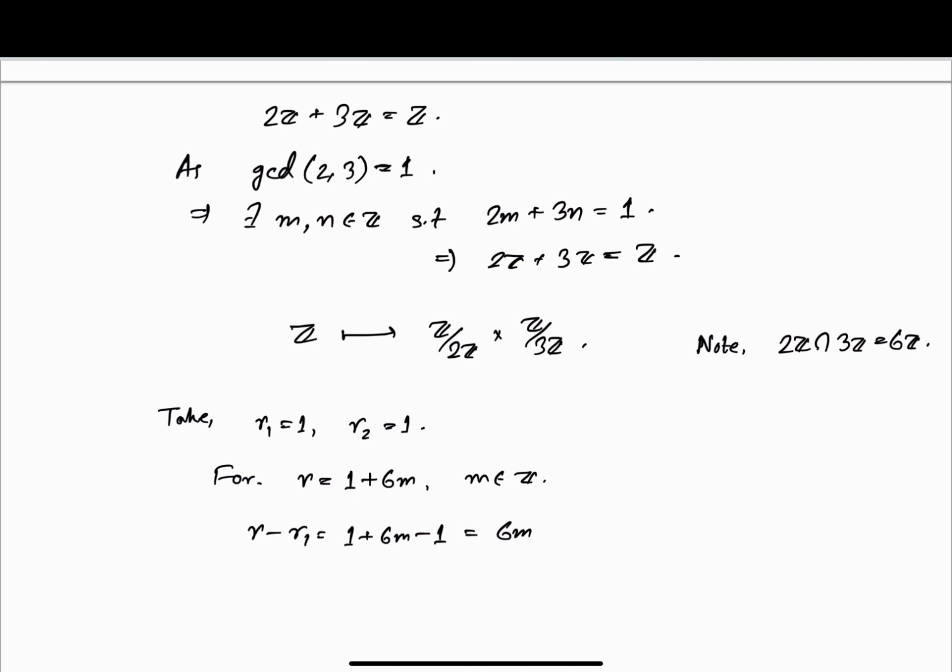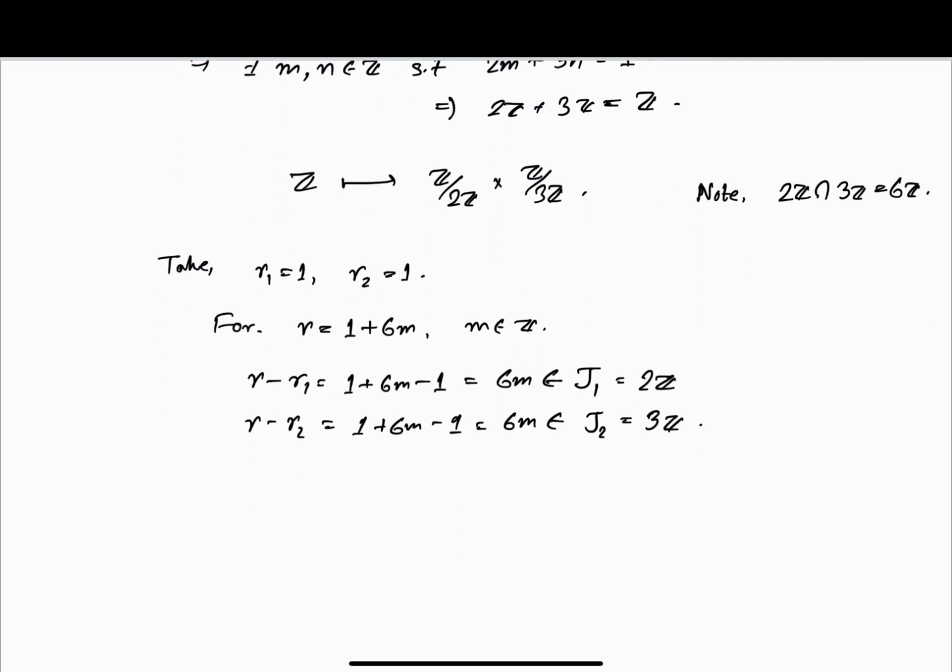This is in J1, which is 2Z, right? And R minus R2, 1 plus 6m minus 1, is again 6m, which is in J2, which is 3Z, right?